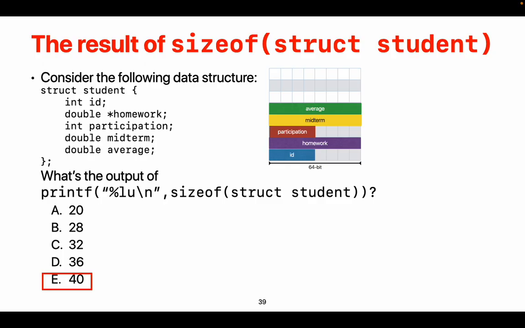So if I really want to improve the usage of memory, you should move the partition next to the ID, right?